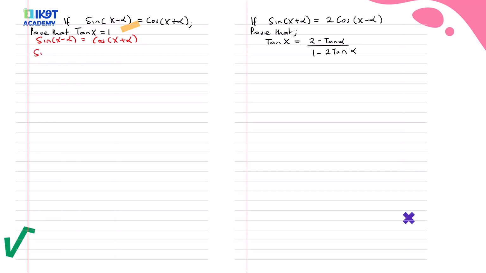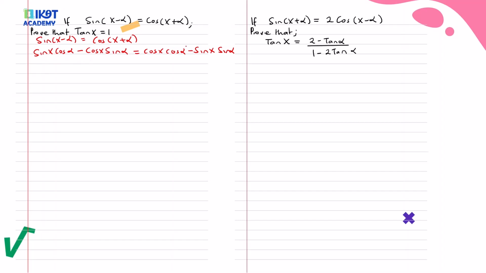So this is sine x cos alpha minus cos x sine alpha is equal to cos x cos alpha minus sine x sine alpha. I'm going to collect like terms for sine x and cos x, since the question wants tan x equal to 1.